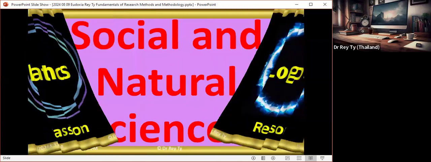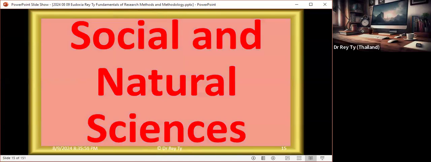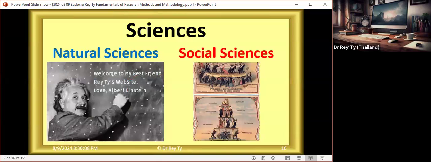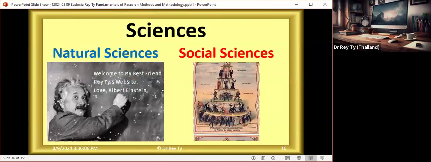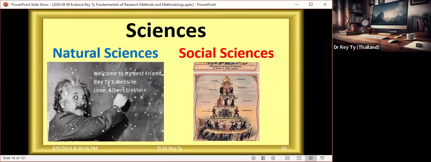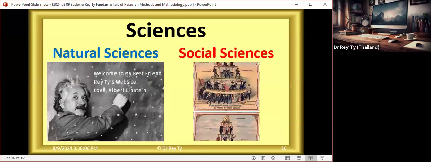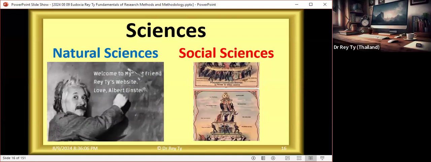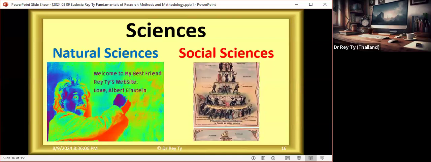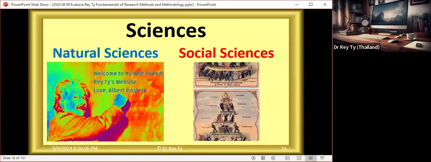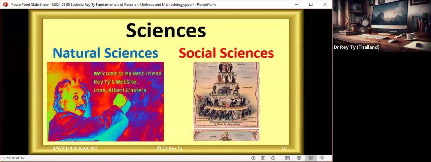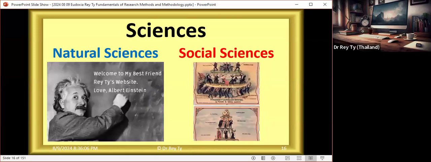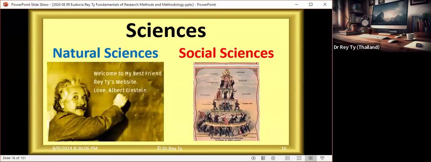Okay, now going to social sciences and natural sciences. So we see a distinction. In the natural sciences, like in physics, everything is measurable. In the social sciences, it's measurable, but we don't just look at abstract numbers and things. We're looking at human existence. For instance, poverty, wealth, power. So we're looking at the social pyramid. You have a few rich, many poor.